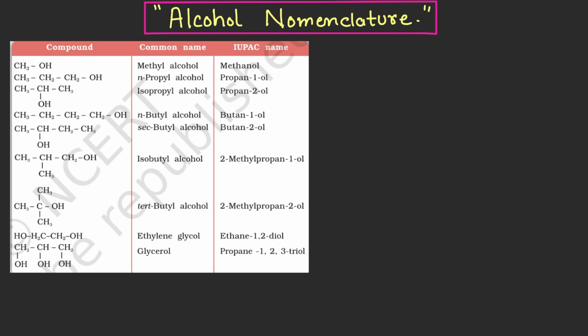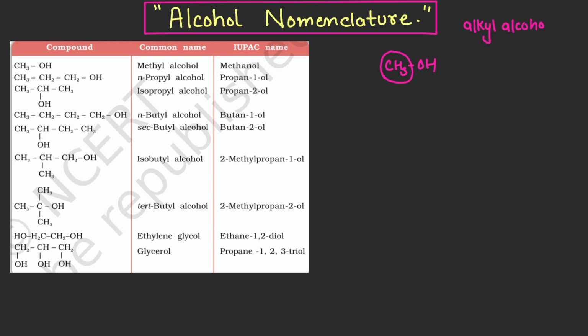So the first compound given to us is CH3OH. What is the common name and the IUPAC name for this compound? Now we have the CH3 and OH. Firstly, for the common name, we will name the alkyl group first, and then we will write alcohol. So it will be alkyl alcohol.